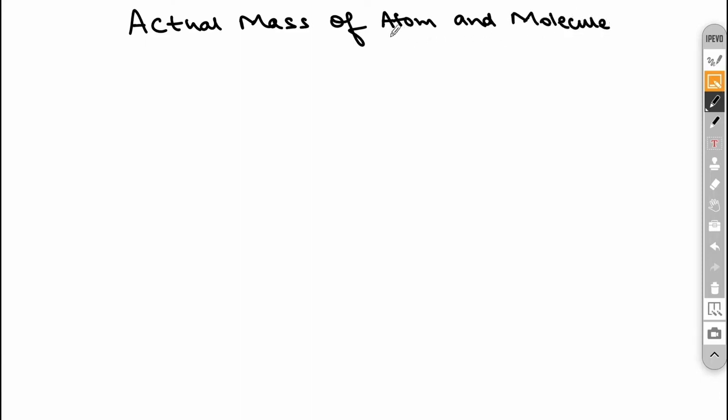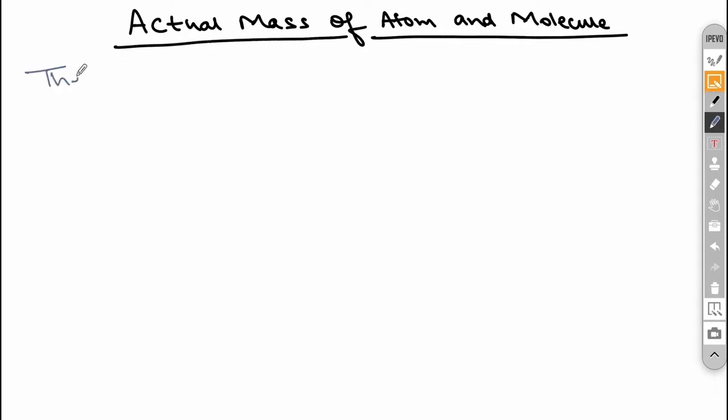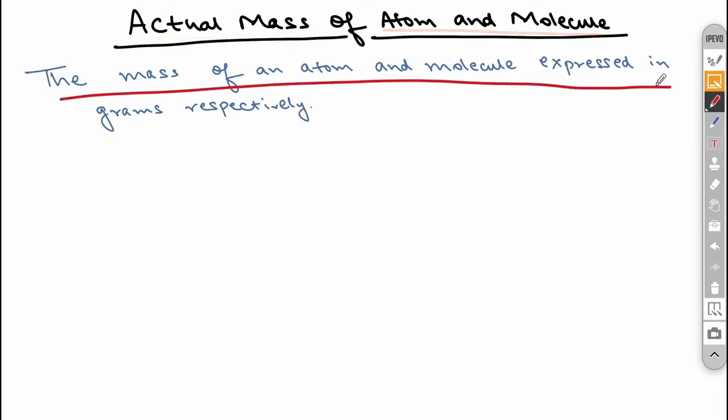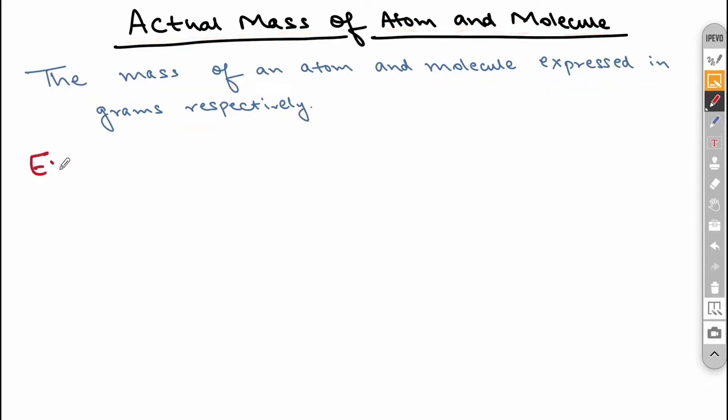So the definition is the mass of an atom and molecule expressed in grams respectively. So for atom, it is mass of atoms expressed in grams, and for molecule, the actual mass is mass of molecule expressed in grams.